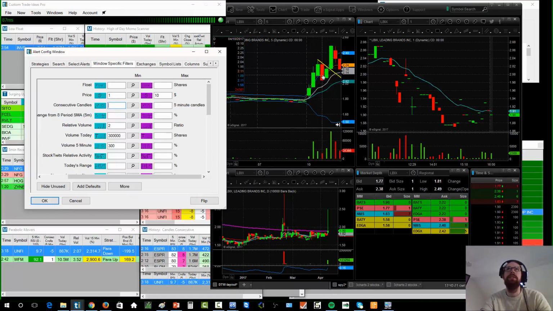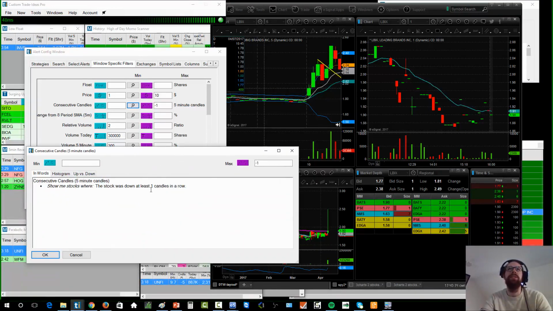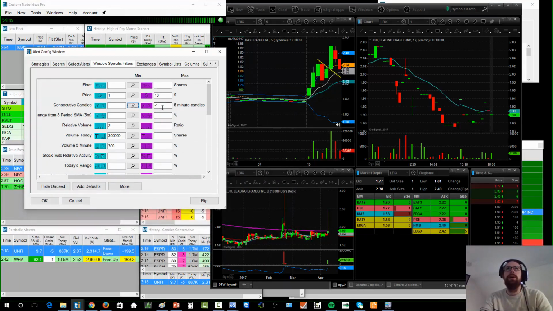We want this right after one consecutive red candle. So let's say -1, and let's see what this says. This will give me an alert when a stock has been down for at least one candle in a row. Okay, one candle in a row. So that would be right around there. So this is a stock between $1 and $10 that has one candle in a row after 3 consecutive green candles. So, all right, that seems to work.